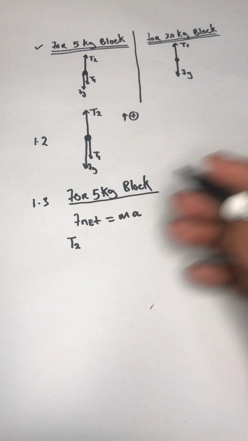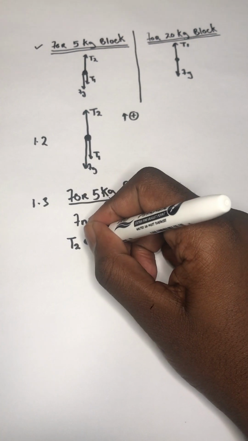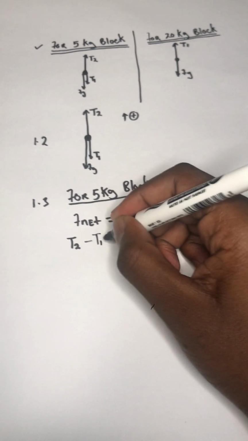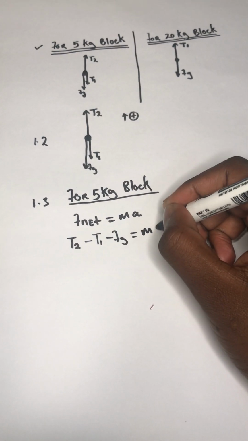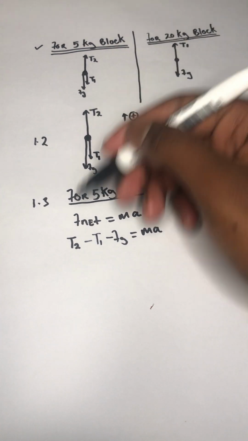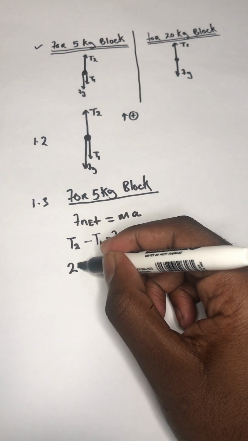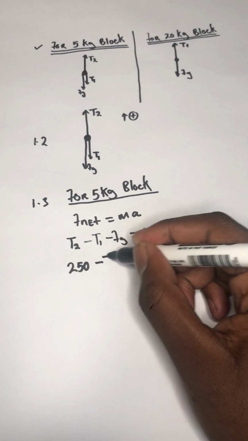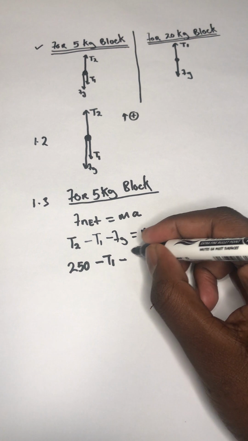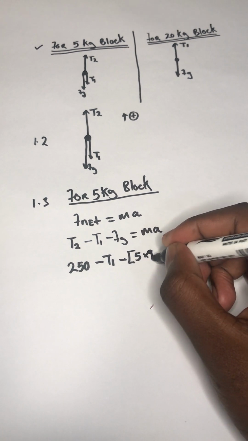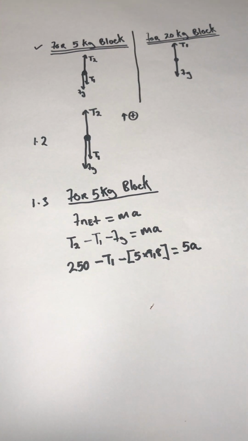So you can see that we follow this routine. T2 minus T1 minus FG is equal to ma. Since upwards is positive, the forces acting downwards are now negative. T2 is 250 newtons, minus T1, which is what we want, minus the force of gravity, which is 5 times 9,8, equals 5a.